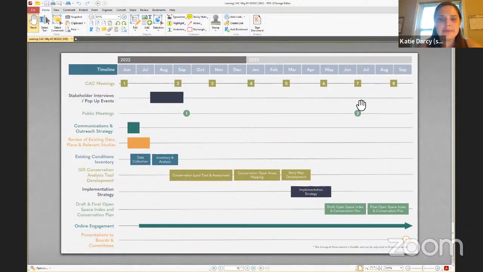And then the other minor edit is we added the pop-up events, assuming that that's going to happen in the summer months as we get going in the initial phases of this project. That's not to say there might not be other opportunities later on in the plan to promote the public event, but that was our initial thought.